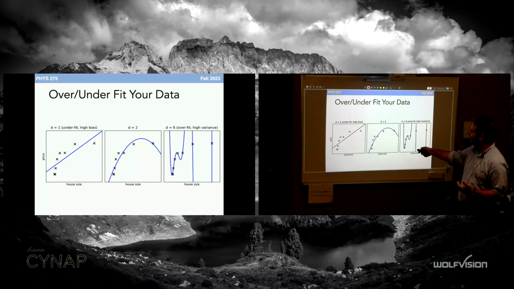So D1 is a polynomial of the first order, which is literally a linear polynomial. D2 is now we have an x squared component to it. So it turns over. This seems like a better fit to the data, just visually. And then D6, this is overfitting. I'm basically trying to hit every point here. Visually, it's overdone.